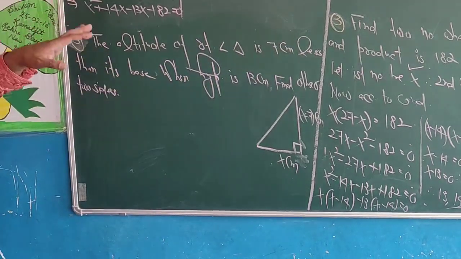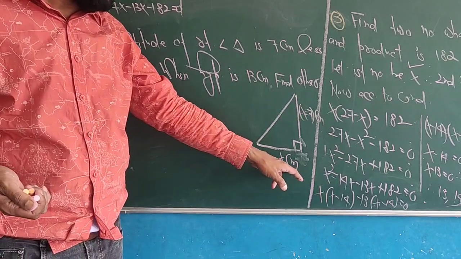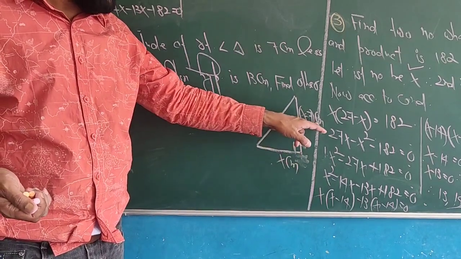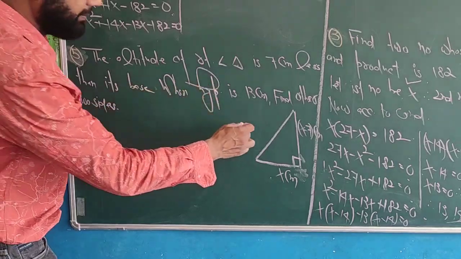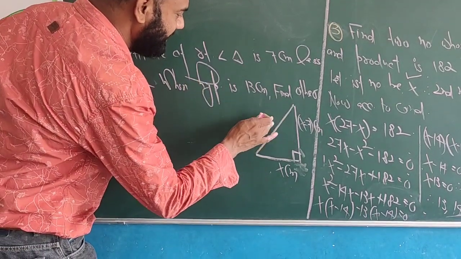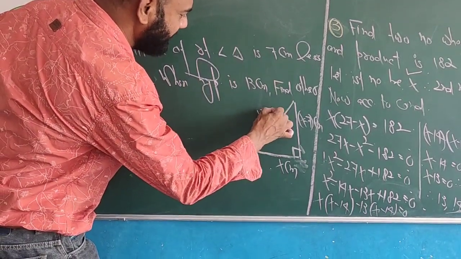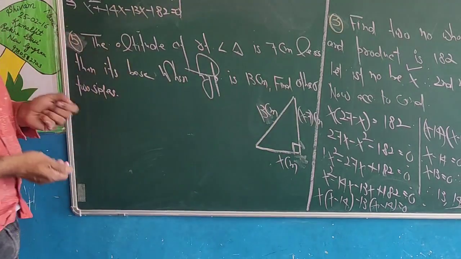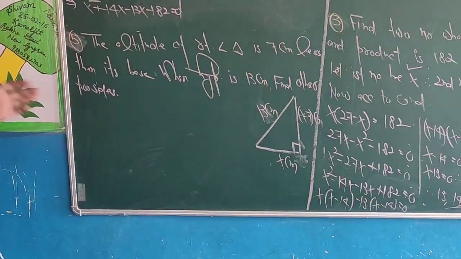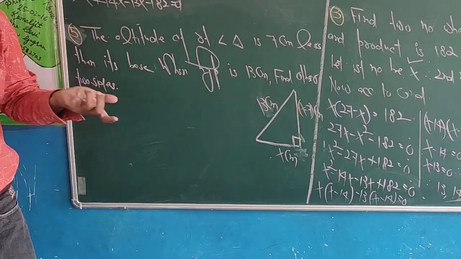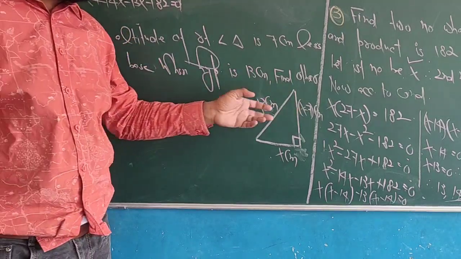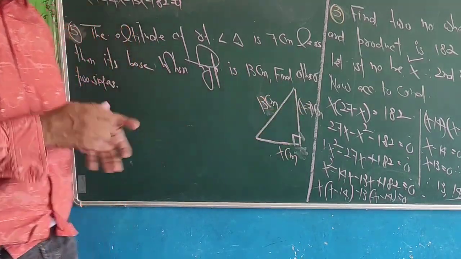So when we suppose the base of the right angle triangle is x centimeters, then the altitude must be x minus 7 centimeters. The hypotenuse is also given as 13 centimeters. Then find the other two sides, and the other two sides mean base and perpendicular, and both depend upon the value of x.